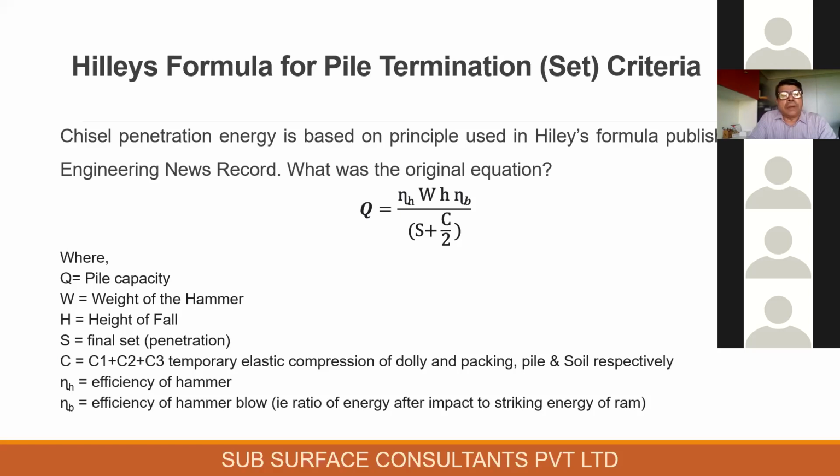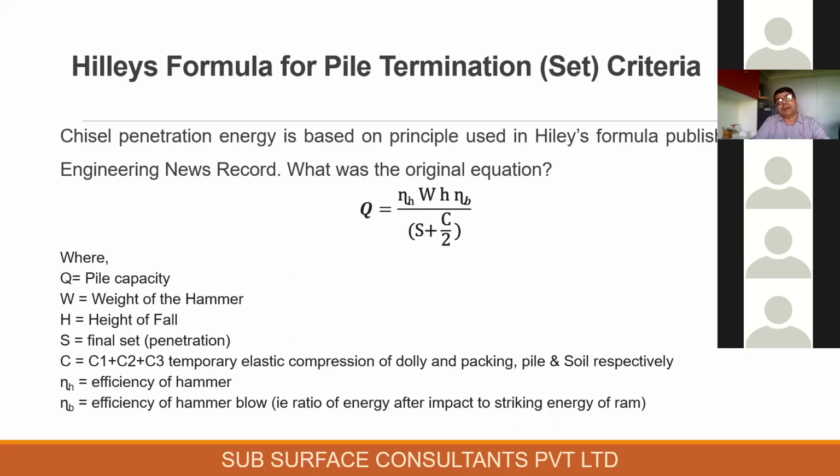So when Healy used this for driven precast piles, he proposed this basic formula in Engineering News Record, which is known to all of us, I'm sure about that. So the original equation was Q, that is the capacity of pile, is equal to N_H, that is the efficiency of hammer, multiplied by the weight of the hammer, multiplied by the height of the fall, multiplied by the efficiency of blow itself.